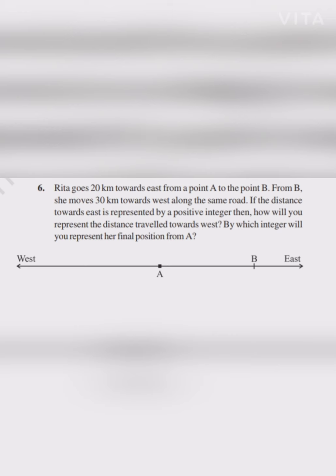Means on the same road she moves 30 km on point B. If the distance towards east is represented by a positive integer, then how will you represent the distance travelled towards east? Means that 20 km is in positive integer, then how will we represent the 30 km distance?